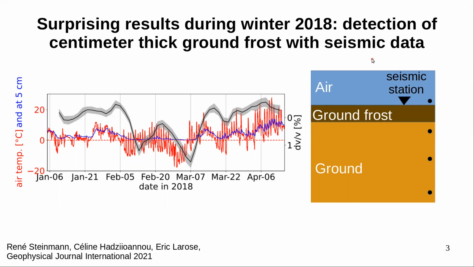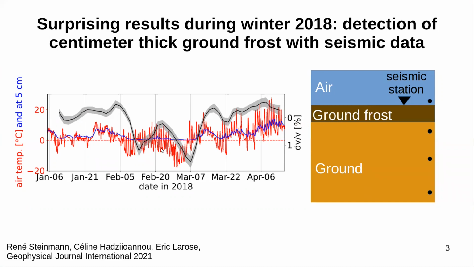So the surprising observations we made happened in the beginning of 2018. Here in blue and red, you see two temperature time series ranging from January to April 2018. The red curve was recorded in the air, and the blue curve was recorded at 5 centimeter depth, so just beneath the surface.